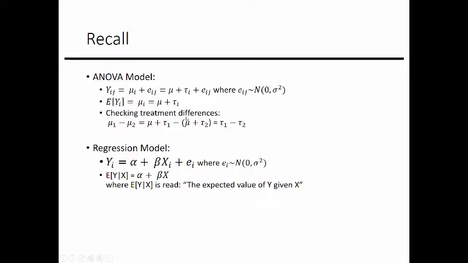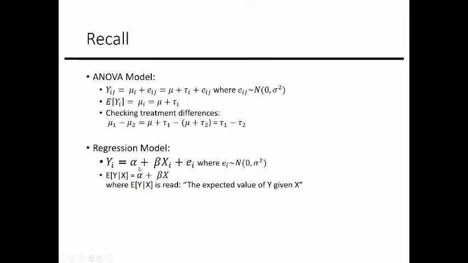And if I go to look at differences across two groups, regardless of which one of these I'm looking at, the reason we like the effects model is that when we go to subtract, the mu's, the common component, subtracts out, and then we can talk about this tau 1 minus tau 2 as being our effect that we're interested in.